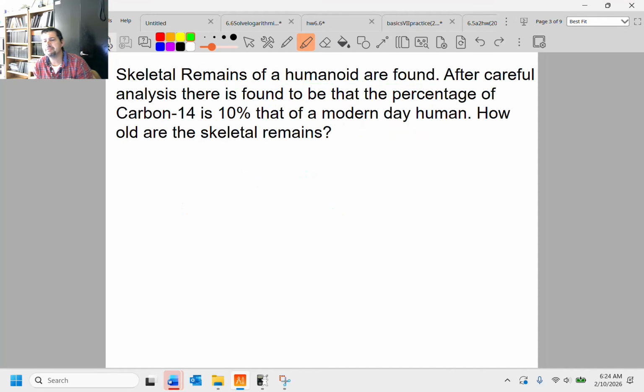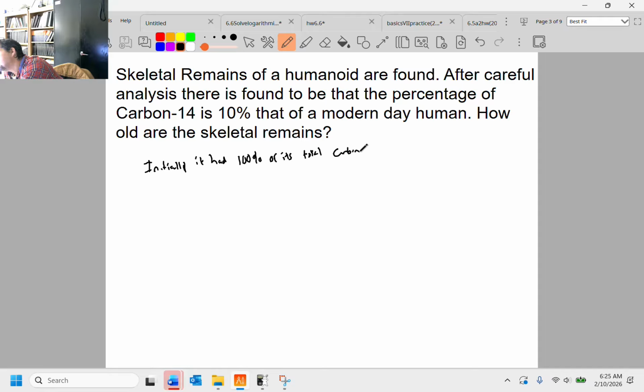All right, skeletal remains of a humanoid are found. After careful analysis, the percentage of carbon-14 is found to be 10% that of a modern-day human. Now, this thing died in the past, okay? So initially, just prior to death or being buried, it had 100% of its total carbon-14 atoms, okay?